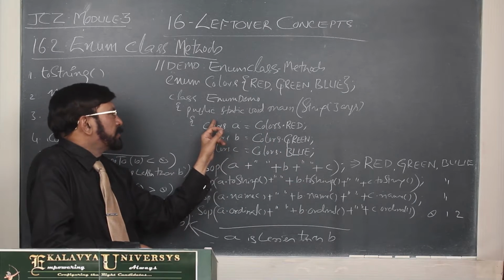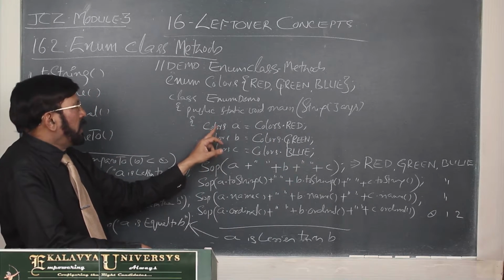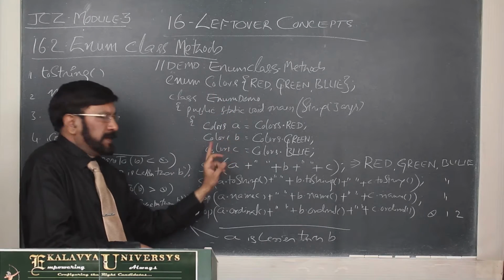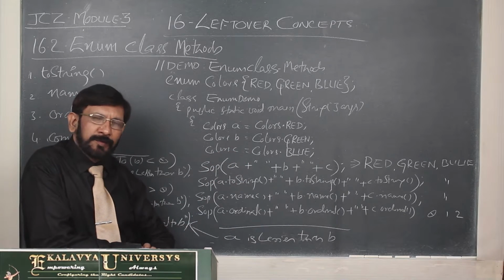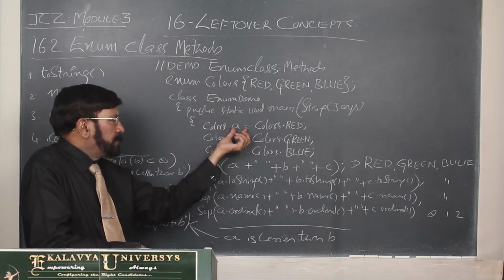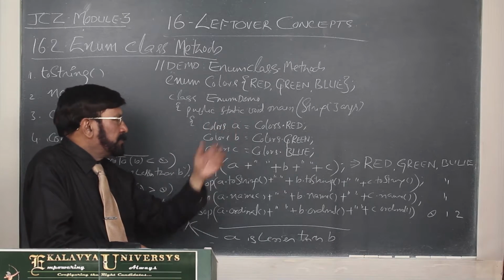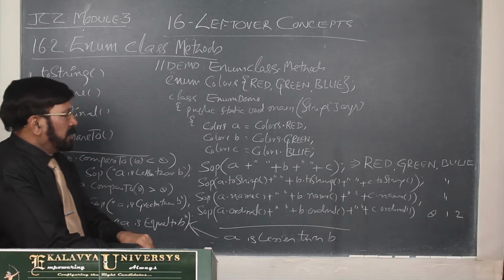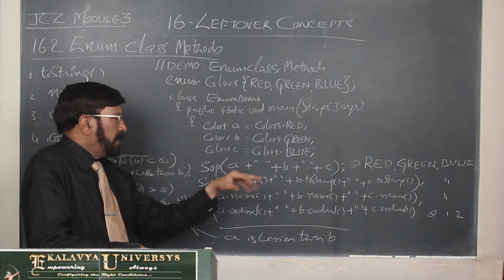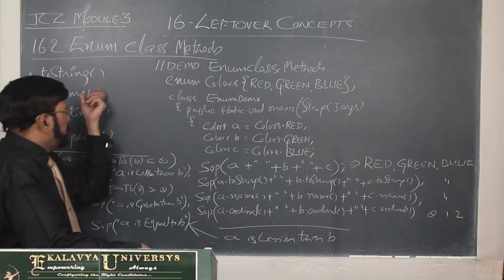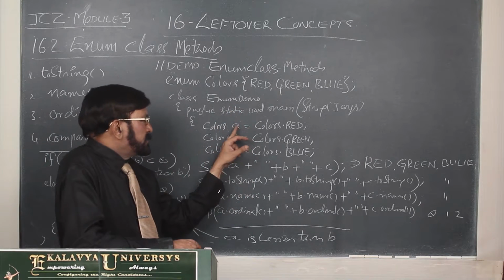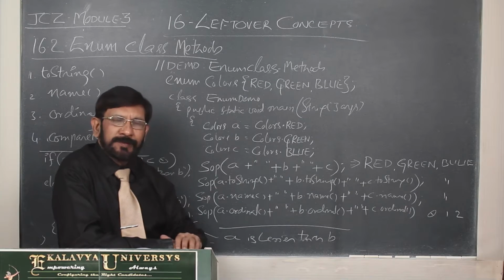Now we are assigning to Colors A, Colors B, Colors C. By that, what you are able to understand is that we can assign to a variable of the corresponding type. And as these are instance methods, only via an instance can we apply them. Now let us see. First we are printing the A, B, C values.